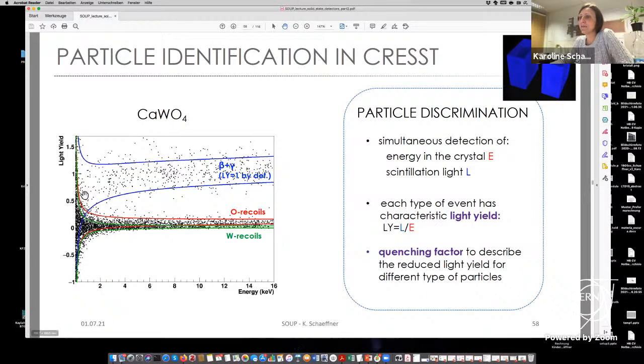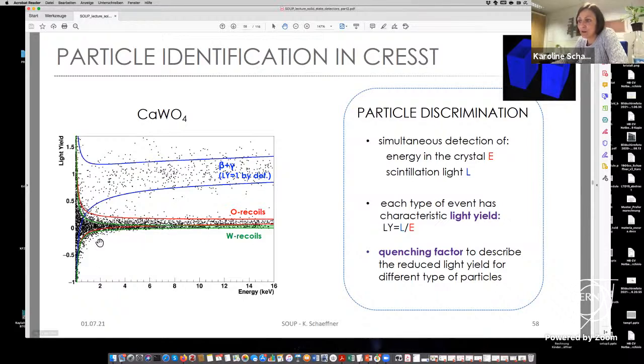Here you see a result of one of these detectors in this light-heat versus energy plane again. You have this band due to beta-gamma interactions. And here is data from a neutron calibration. With these detectors, you can just hang in a neutron source and see what the detector response is. You see here oxygen recoils and tungsten recoils.